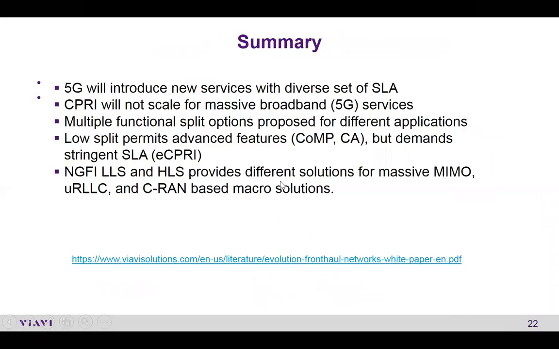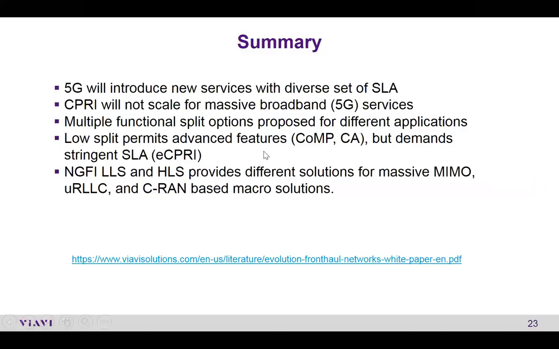Summarizing here, 5G will introduce new services with various levels of SLAs. CPRI definitely will not scale for 5G, but I expect it to be in the networks for a long period of time. We talked about functional splits, different types of functional splits, and the solutions and use cases.